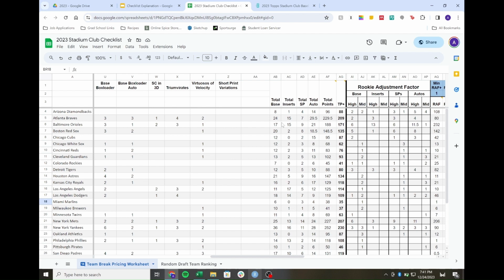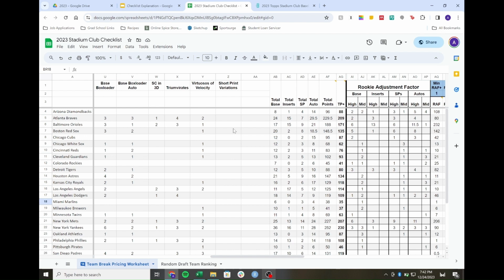Short prints are quite a bit more than base and inserts, and then autos are the absolute top of the chain. So what I do is I weight the number of these cards. To get this total points value right here, I multiply the base times 1, the inserts times 2, the short prints times 4, and the autos times 5. And then I add all of that up together.